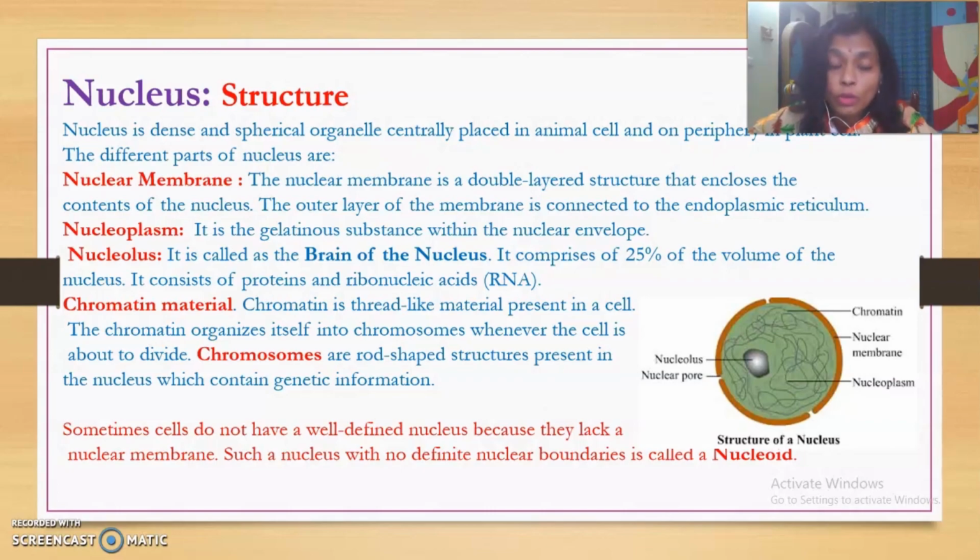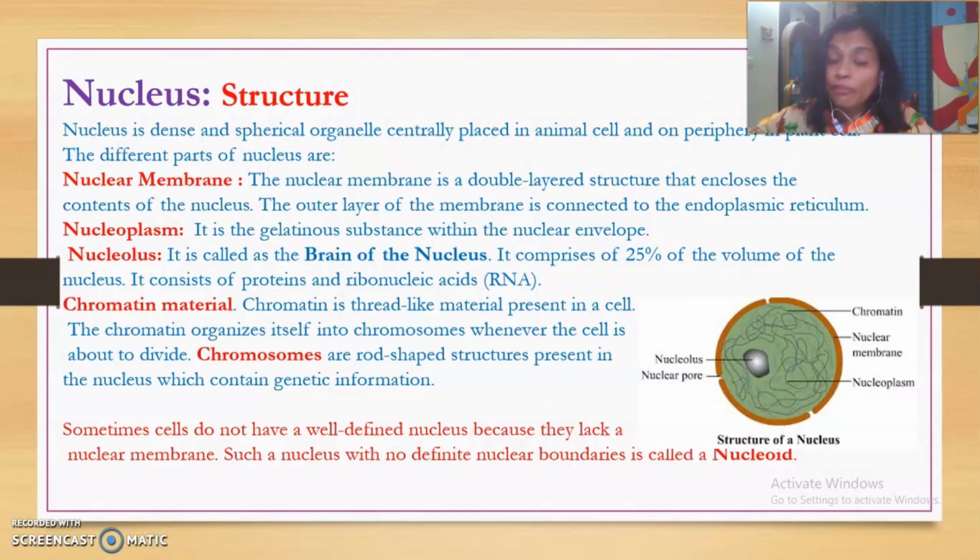During the process of transference or cell division, this chromatin material changes into rod-like structures called chromosomes, and genes are located on these chromosomes.